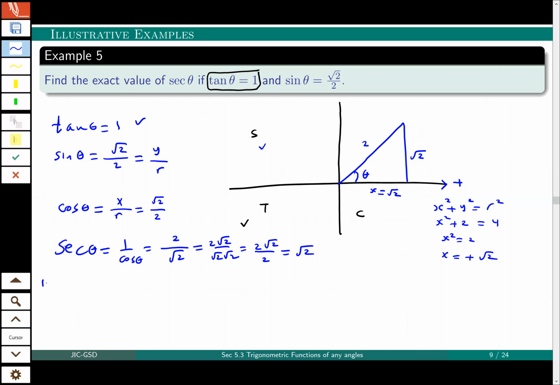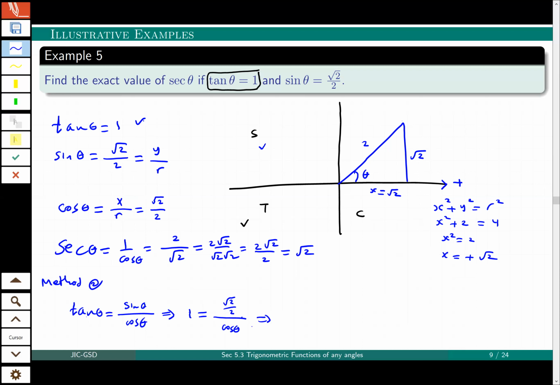Another way, method 2, we could say tan theta is by rule equal to sine theta divided by cosine theta. This means tan theta is equal to 1, which is given. And sine theta is equal to root 2 over 2, which is given, and that's over cosine theta.